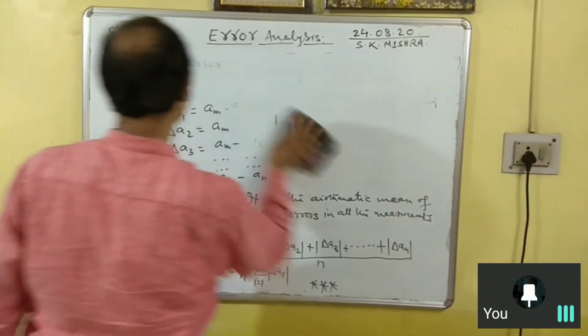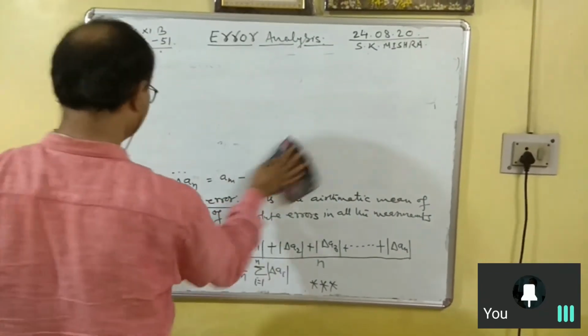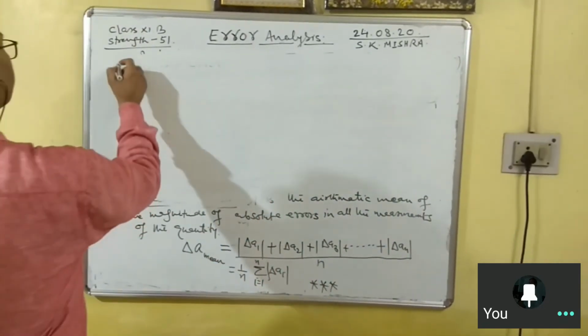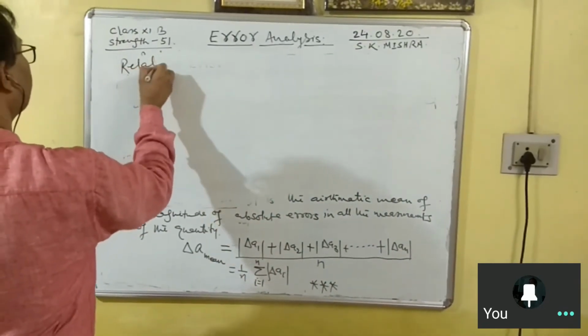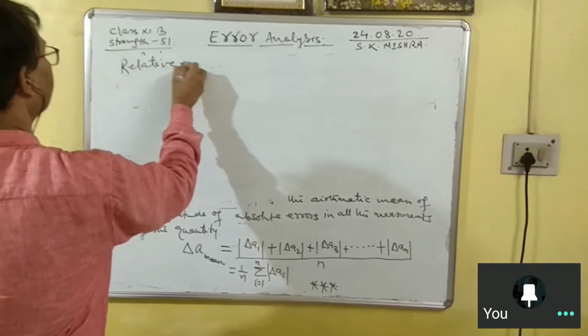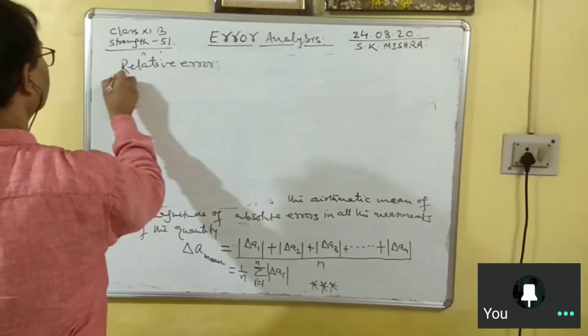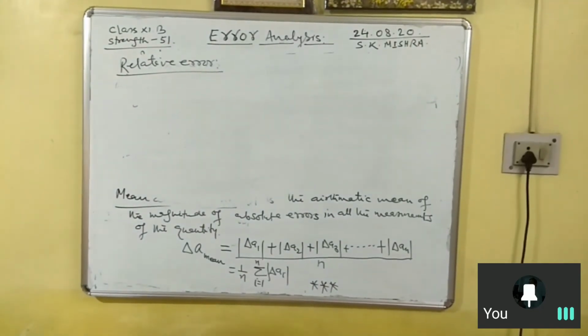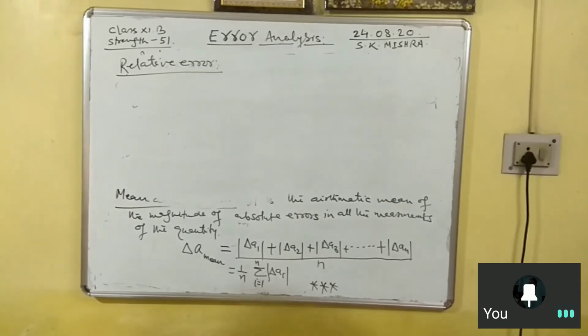So now the relative error. We are talking about relative error. Relative error. So it is the ratio of mean absolute error to the mean value of quantity measured.